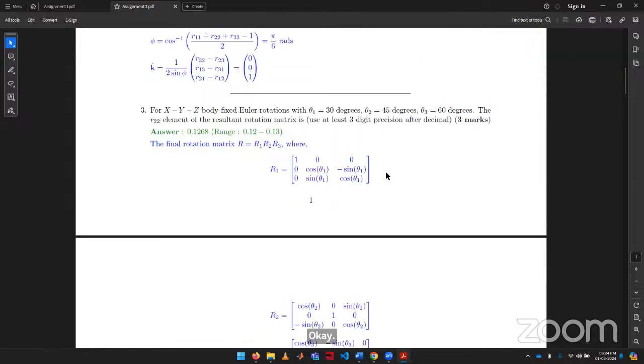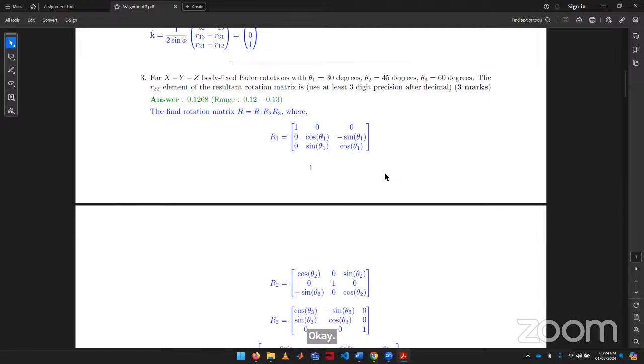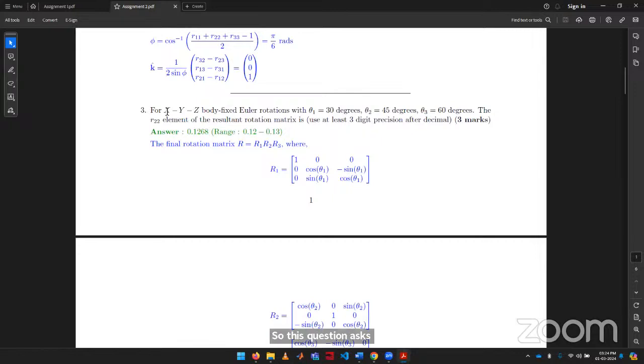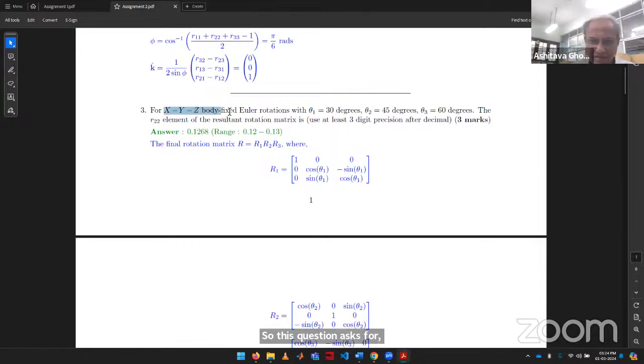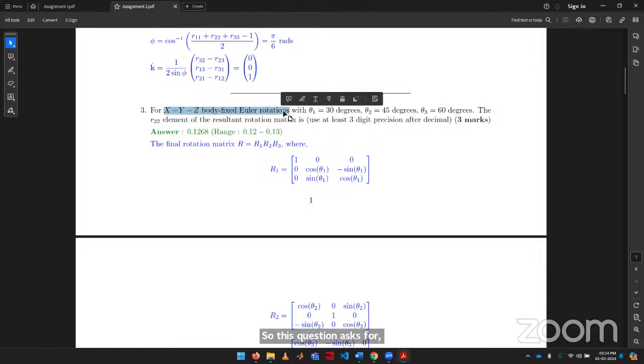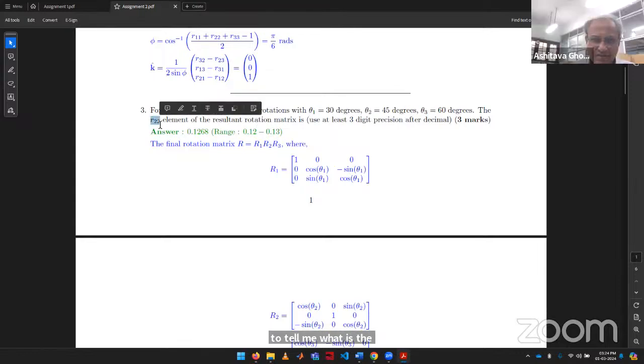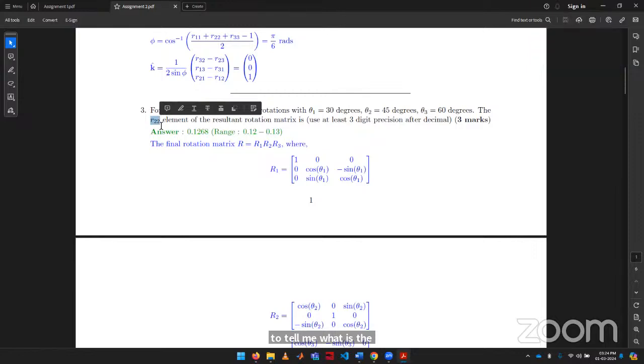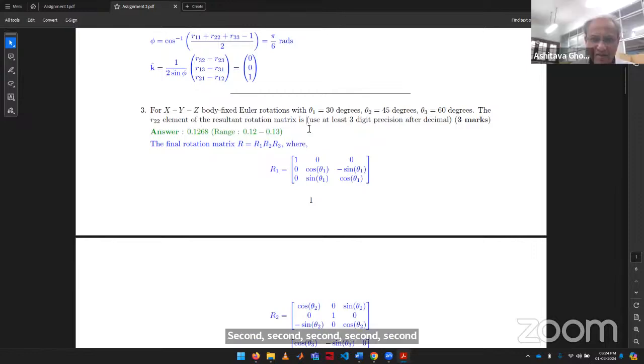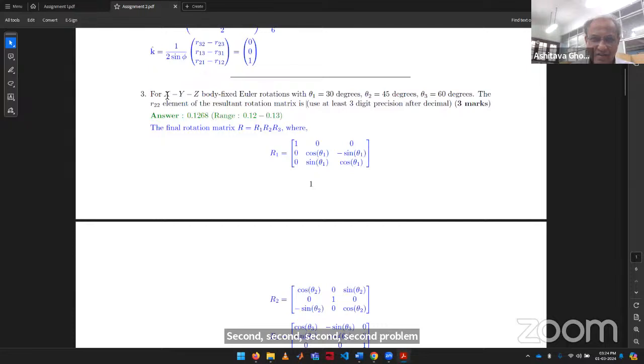Okay, please go ahead. So this question asks: given XYZ body-fixed Euler rotation, where theta 1 is 30, theta 2 is 45 and theta 3 is 60, we need to find the rotation matrix, and you need to tell me the second row, second column element in the rotation matrix. This is very standard.